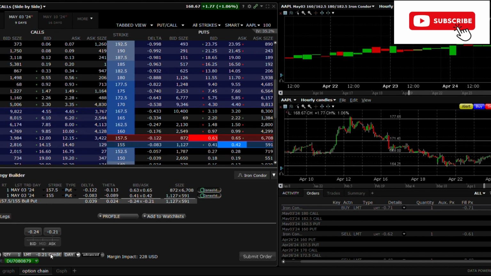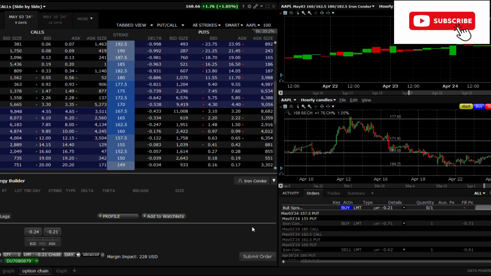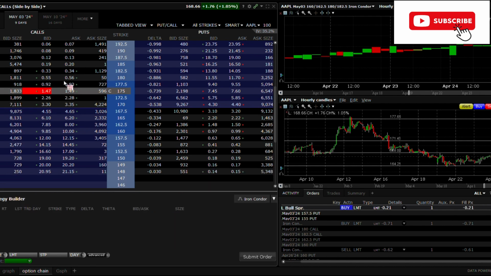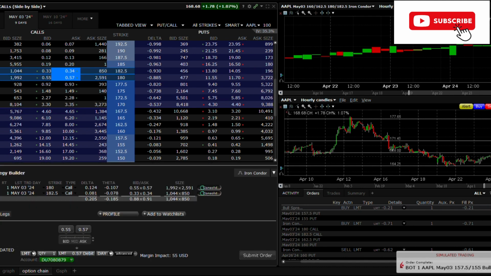So here how much are you getting? Around 21 dollars as credit. So here you have the put credit spread, then you will execute this. You remember you have 21. Now they will look for a strike here that gives you almost the same credit.